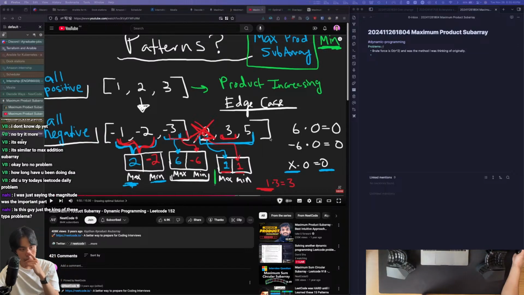What if you just had 0 itself? You would return 0. So the result has to initialize to 0. I think I get it. Okay. If that's the case, looking at this is pretty good information.